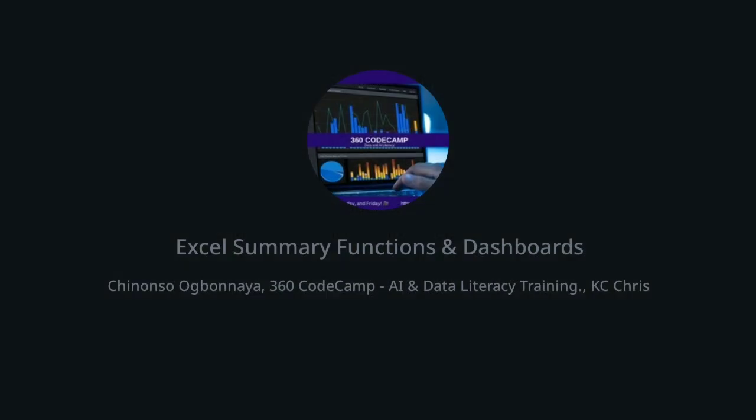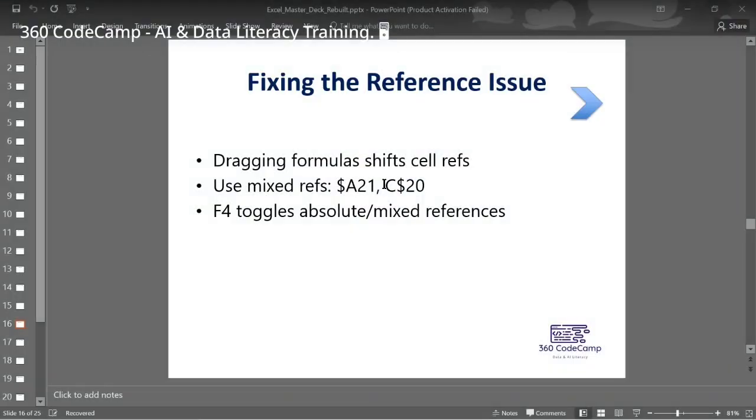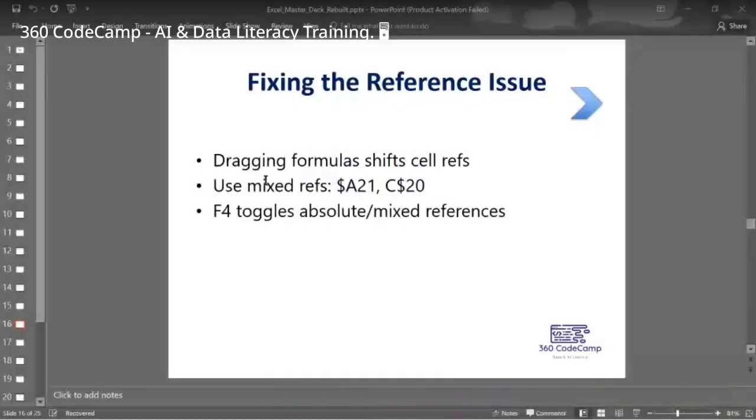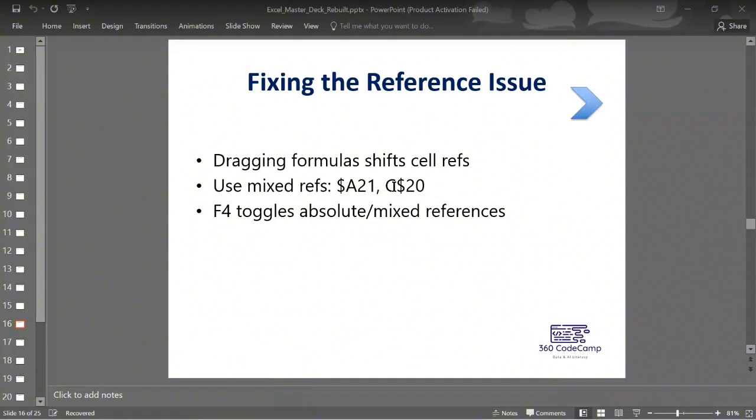Then you can also see how we are going to fix the reference issues. When you drag formulas, shift cells left, we are going to use mixed reference. Then use F4 to toggle absolute and mixed references. If you want to toggle the type of reference, use F4. You keep pressing it until you get the exact one you want.